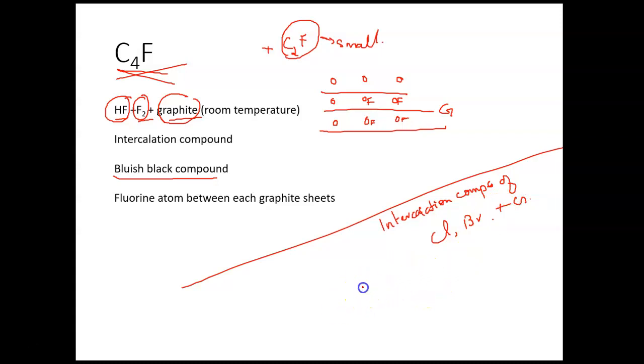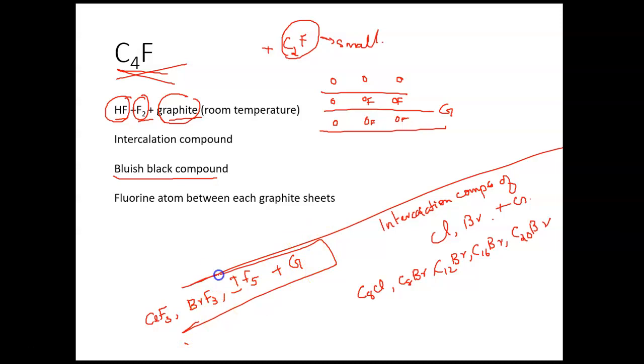So they can have compositions like C8Cl, C8Br, C12Br, C16Br, C20Br, etc. And in addition to this, interhalogen compounds such as ClF3, BrF3, IF5, etc. can also form intercalation compounds with graphite.